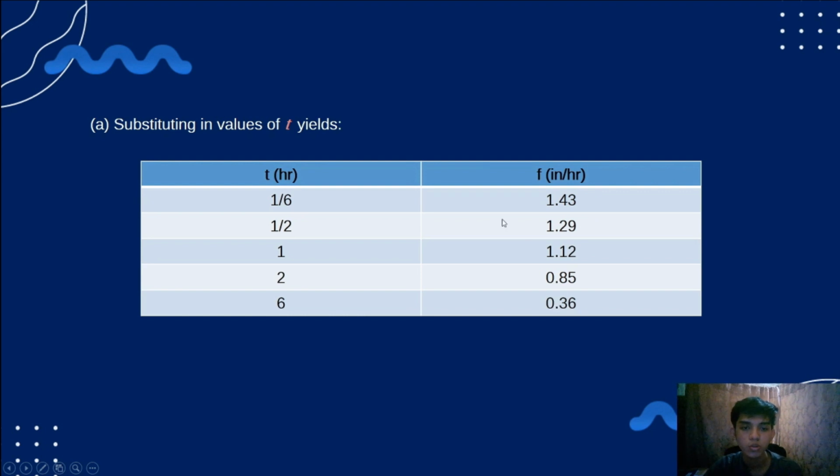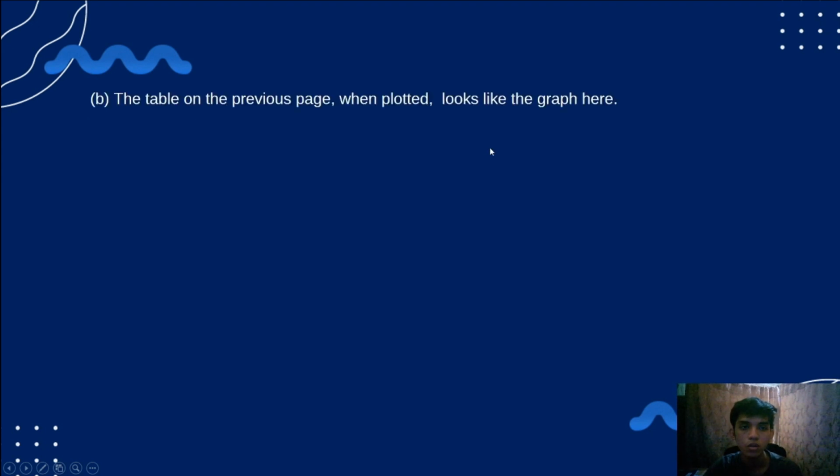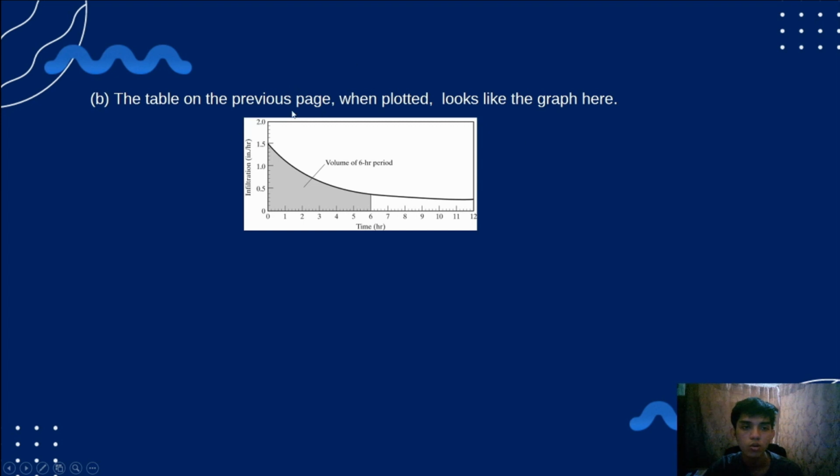Next we will proceed to the second question, but before that, we have the table here on the previous page when plotted. It looked like this graph, and we can see here that the infiltration rate, which is this line, goes down when the time goes up.